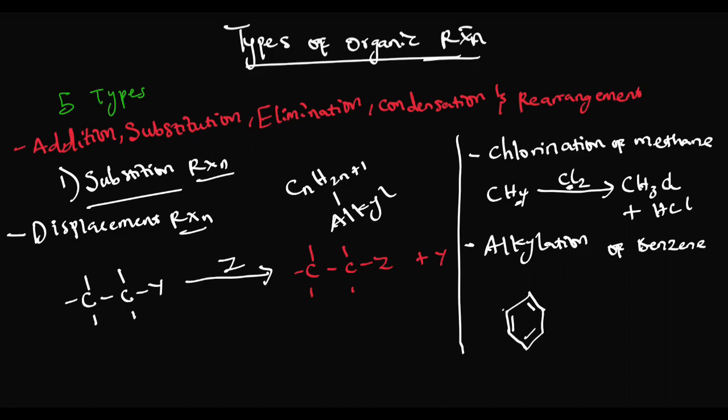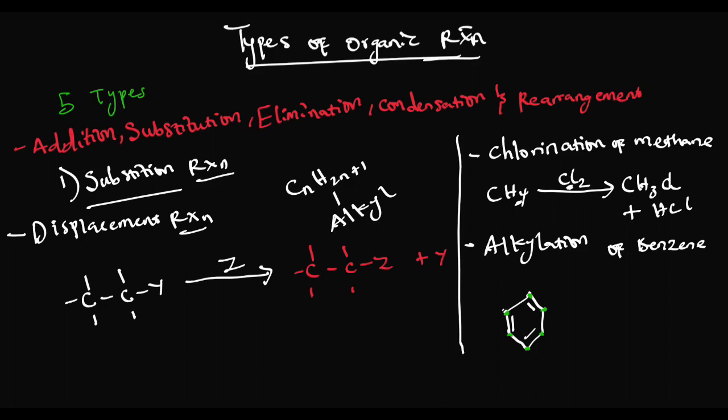At this point here is a carbon, at this point also a carbon, this point a carbon, this point a carbon, this point a carbon. So each carbon must form 4 bonds.